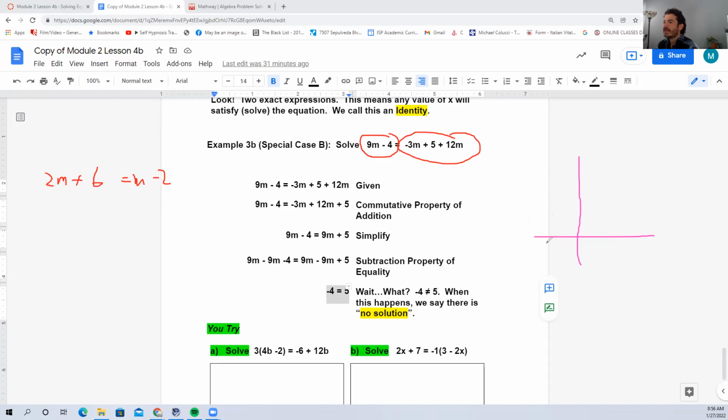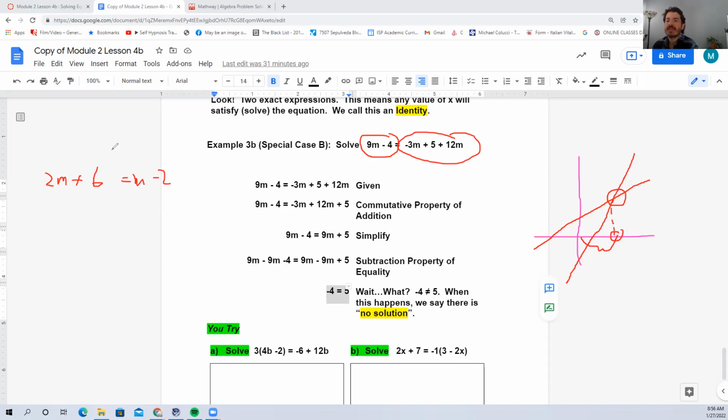2m plus 6, sorry, m minus 2 is a line. It looks something like this. And this is the answer for what m is. Whatever that point is there, or this distance, that's what m is.